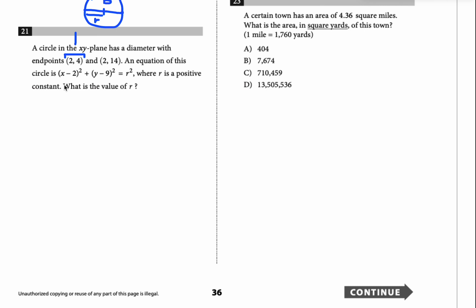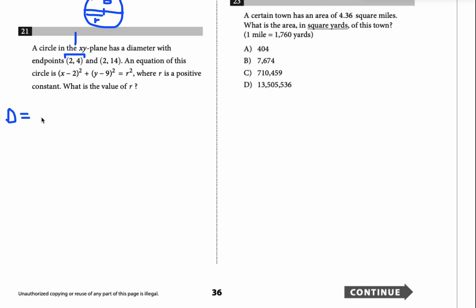The first sentence says a circle in the XY plane has a diameter with endpoints (2, 4) and (2, 14). So all we're going to do is use the distance formula here, which we can denote as the diameter.